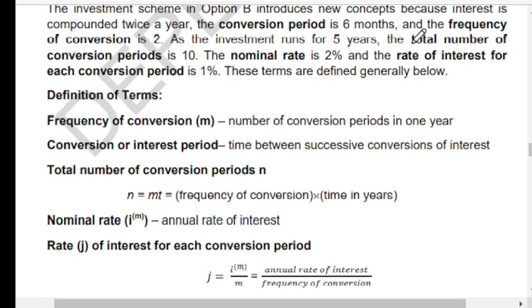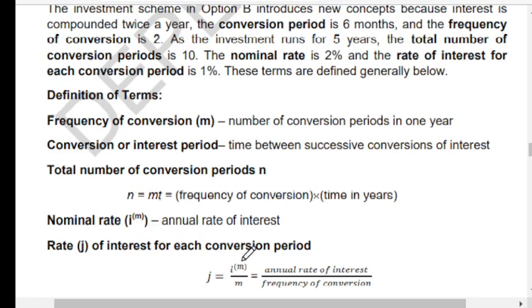So in option B, the m is the frequency of conversion, since it is every 6 months. In 1 year there are two terms, so m is 2 times 5 years, which makes it 10. Then the nominal rate is i to the power of m.